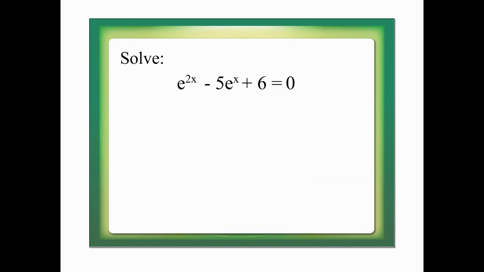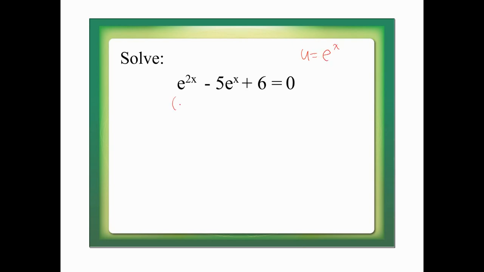All right. If you take a look at this, it might be a little difficult to isolate e to the x because there are 2 of them. If we take a look closer, this is actually something we call quadratic form. Remember u substitution. I have 2 times x and I have 1x, so I could let u be e to the x.